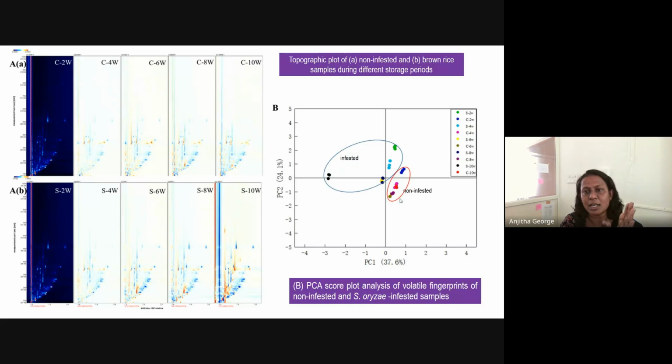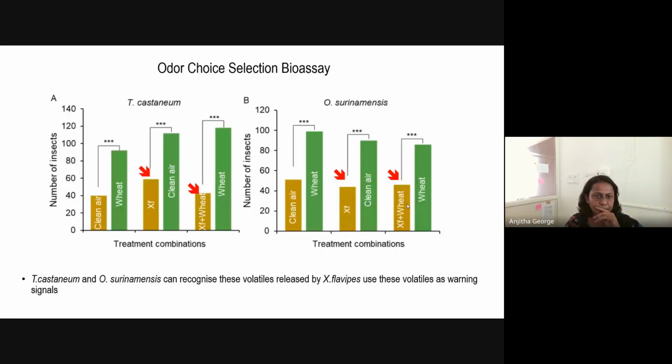You have the data that uninfested seeds have this many volatile compounds, and infested seeds have these many volatile compounds. From that library, you can make out indirectly whether this seed lot is infested or not. That is the utility of this program.